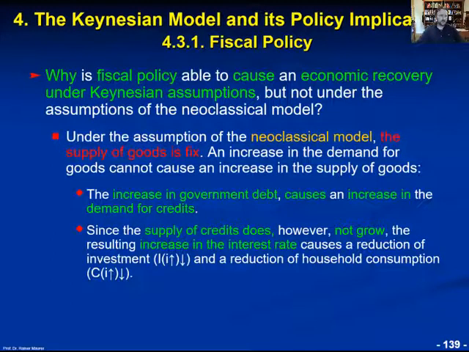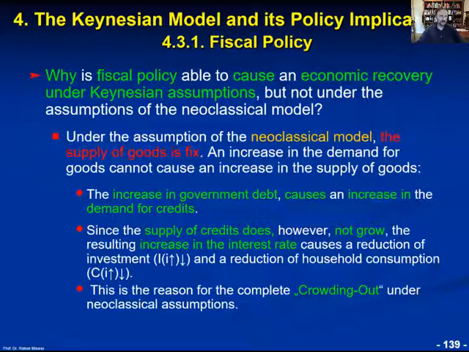Since the supply of goods does, however, not grow, the resulting increase in the interest rate causes a reduction of investment and a reduction of household consumption. This is the reason for the complete crowding out under neoclassical assumptions: government expenditure causes an increase in the interest rate, which causes a decrease of private demand for goods.